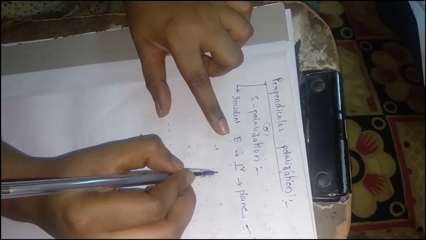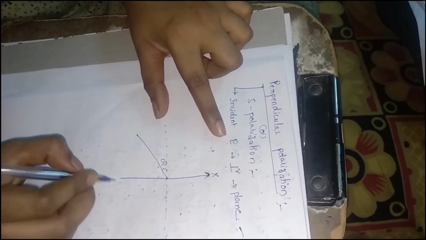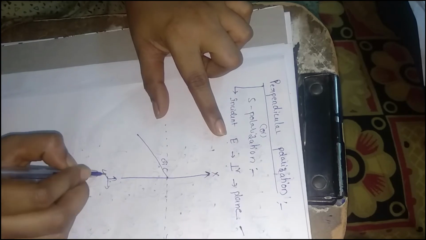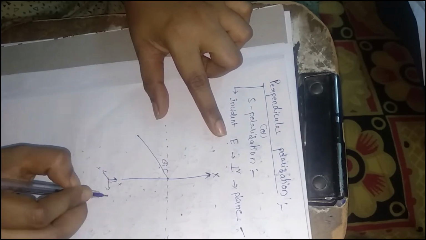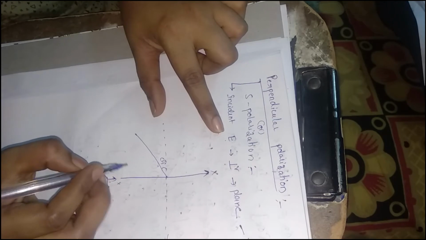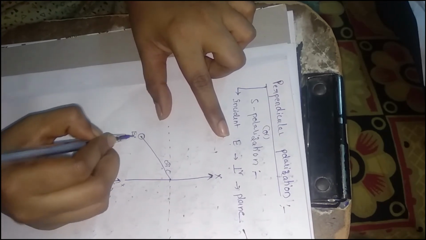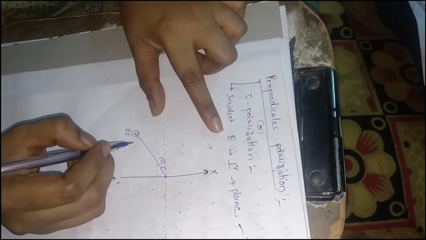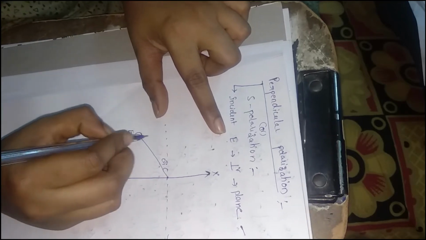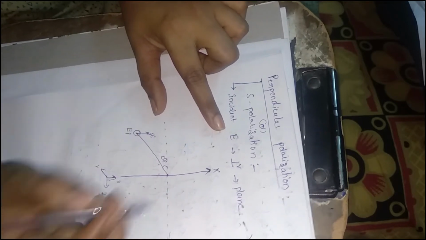So here is the plane of incidence like this, X, Y, Z. The electric field component is perpendicular, and the field which is parallel to the plane is the magnetic field.